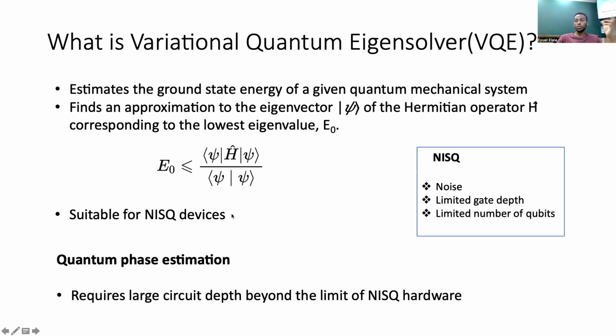So if we describe the Hamiltonian as that operator and we find the eigenvalue of that Hamiltonian, it means we got the ground state energy of that quantum mechanical system. So what you wrote above is the description of quantum phase estimation. VQE, on the other hand, is based on the variational principle of quantum mechanics.